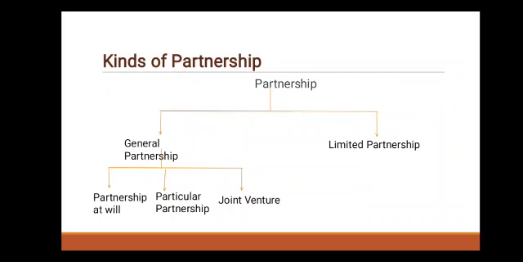Next point, kinds of partnership. From the point of view of liability of partners, a partnership may be of two types, namely general partnership and limited partnership. General partnership is divided into three types: partnership at will, particular partnership, and third, joint ventures.